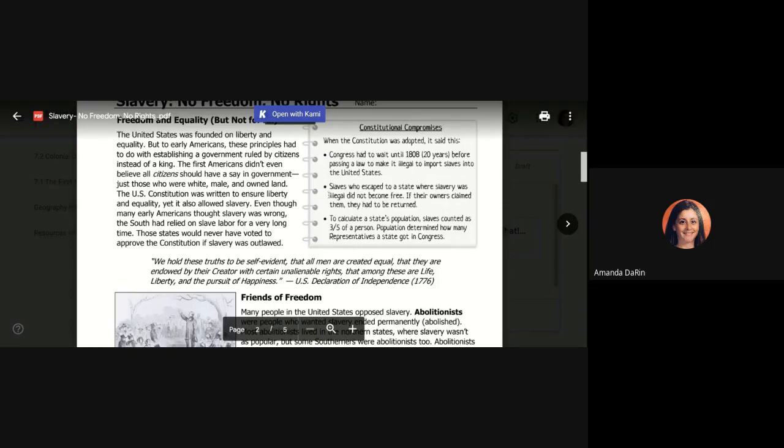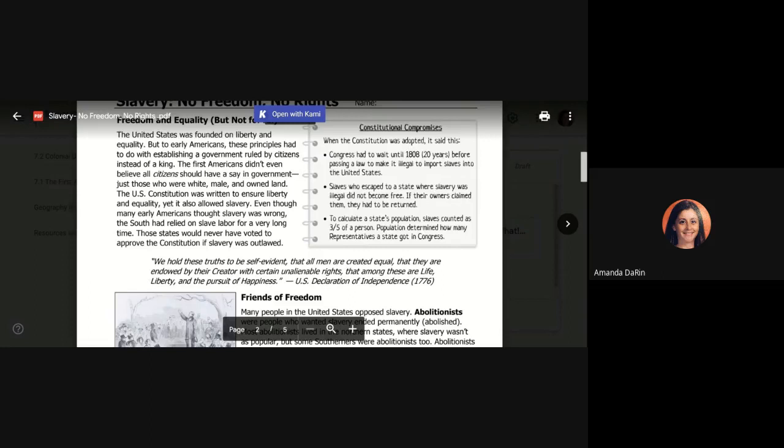Next bullet says slaves who escaped to a state where slavery was illegal did not become free. If their owners claimed them, they had to be returned. So we're going to learn about the Fugitive Slave Act. A law was passed where runaway slaves had to be returned even if they ran away to a state where slavery was illegal. For example, let's say a slave escaped from Virginia and made his way to New York where slavery was illegal.